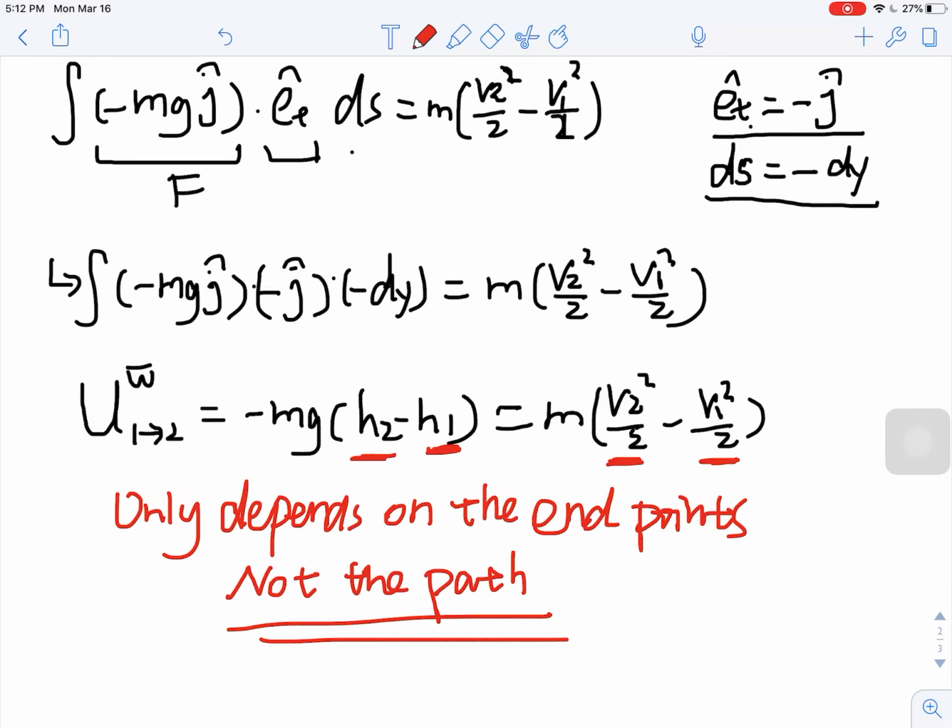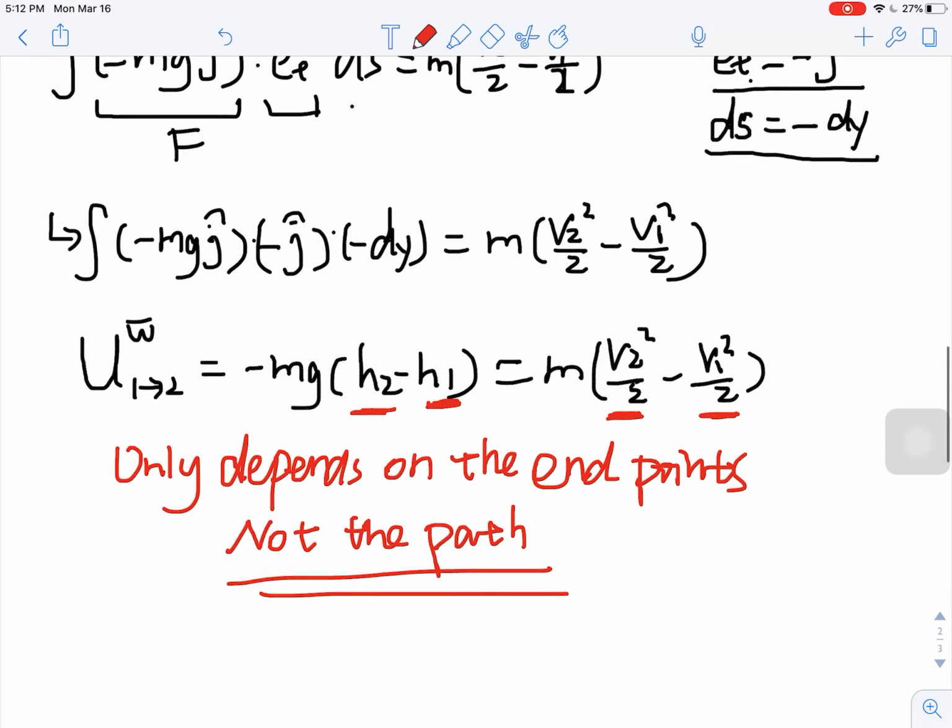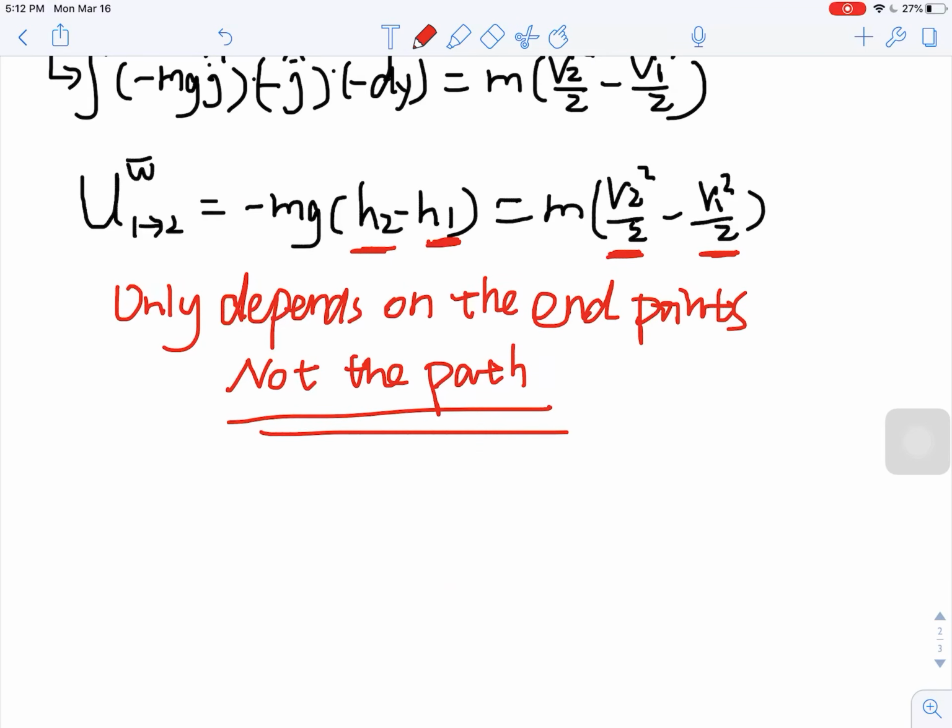If the work done by a force only depends on the endpoints and not the path, we call this type of force a conservative force.